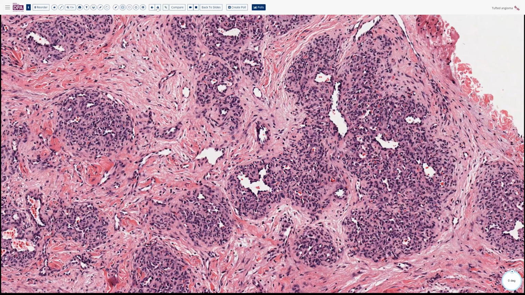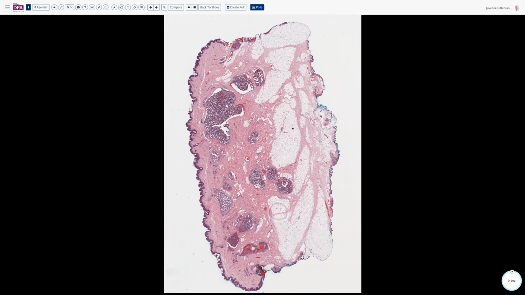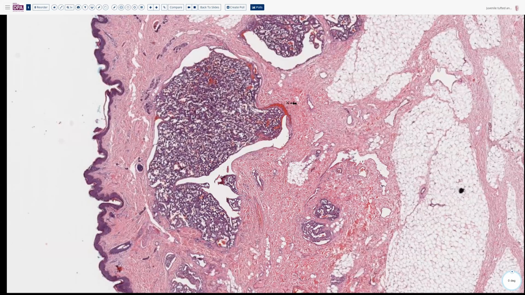Here, the more classic appearance in this slide, which we use for our incidence case, shows these, again, you can see somewhat similar to the glomeruloid angioma, but in this case, it's got a variable, very sieve-like pattern to it.